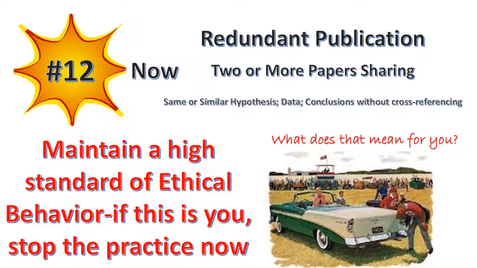Number 12, redundant publication, means that there are 2 or more papers that an author has produced that share the same or similar hypothesis, data, or conclusions without cross-referencing.